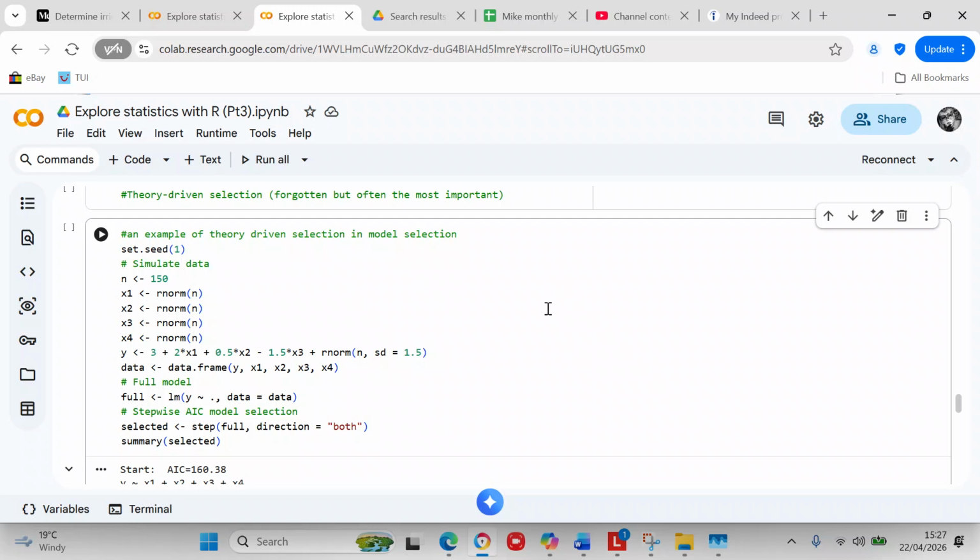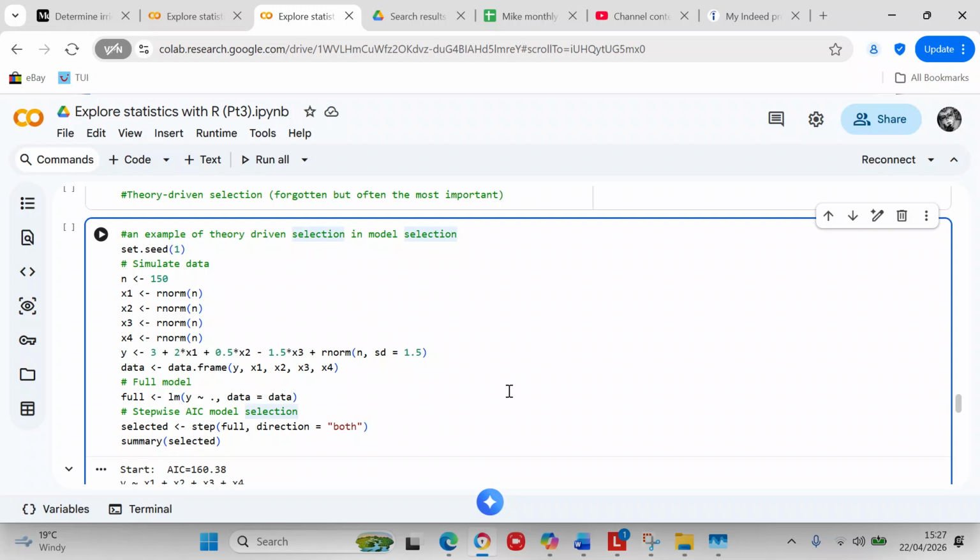And then we're going to create the full model. So full becomes lm, that's linear model, brackets y tilde dot, comma data equals data. And we're going to do stepwise AIC model selection. AIC is like a goodness of fit test.